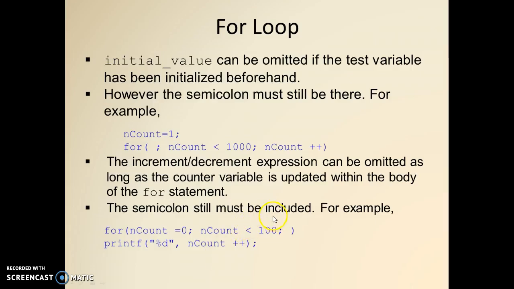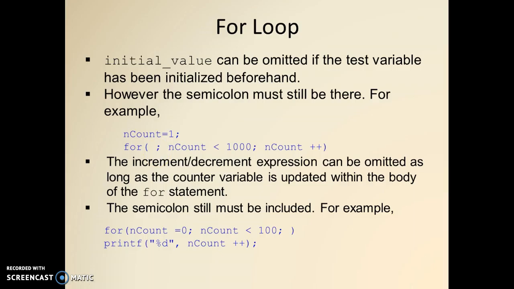Now here you can see the ncount variable is initialized beforehand, so we do not have any initialization statement. We can do this if the variable is initialized beforehand, but you can see there is a semicolon there, and it should be there.